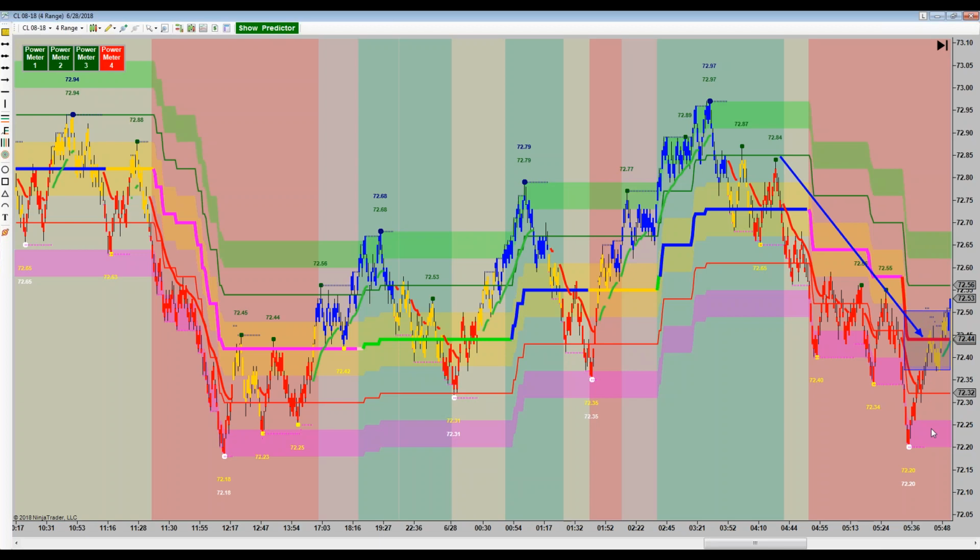For the most part, you want to be prepared for the market to reverse and go the other way. So at the time that this forms going into the pit open, you have to keep an open mind and be prepared for both directions.